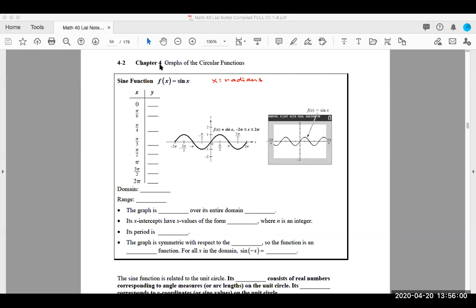And then f of x will be your trig function value. Okay, so like for example, let's look at when x is equal to 0. I'm trying to evaluate f at 0 radians.